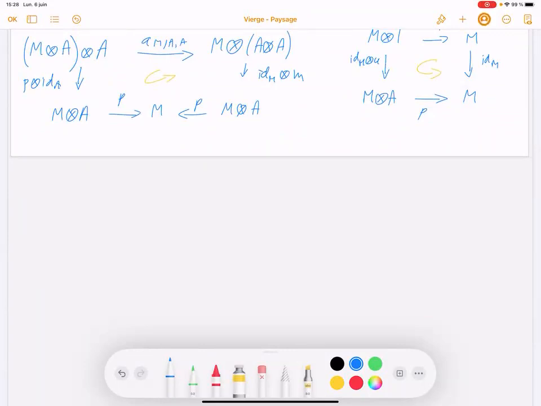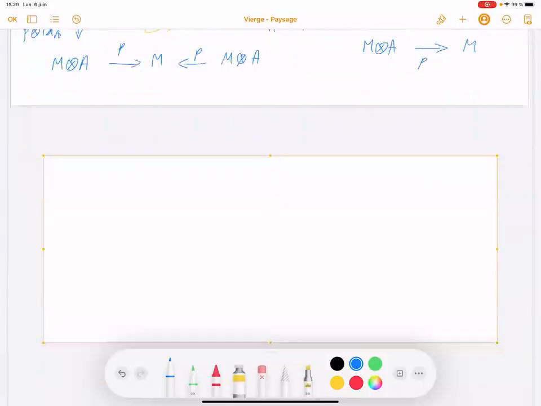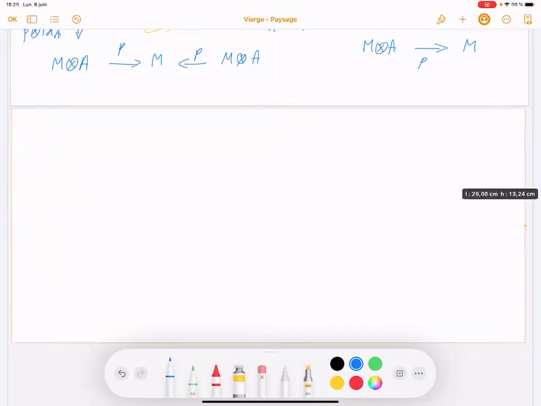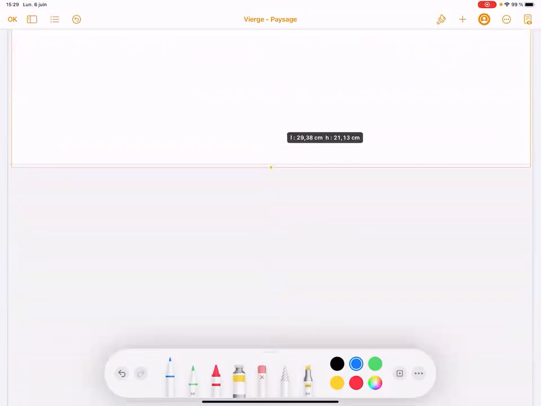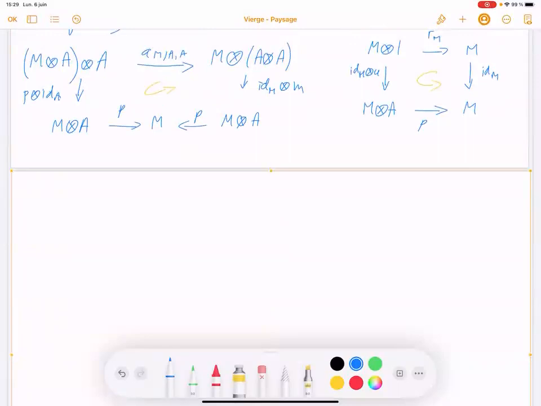But similarly, we can define the notion of subalgebra, of ideal, of homomorphism of algebra, homomorphism of module in the categorical setting. We will not define that. It can be defined similarly. In fact, we will just define a bit later the notion of homomorphism of module, but the others can be defined similarly. And also we can define the notion of left A module as for right A module.